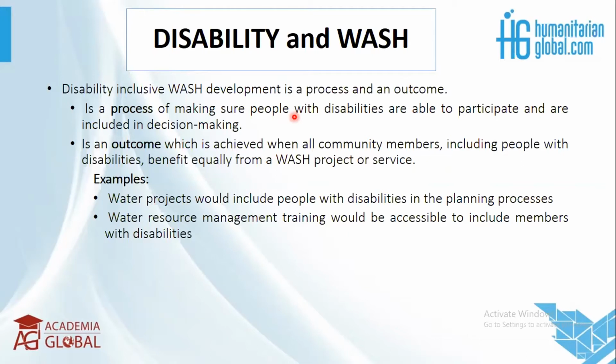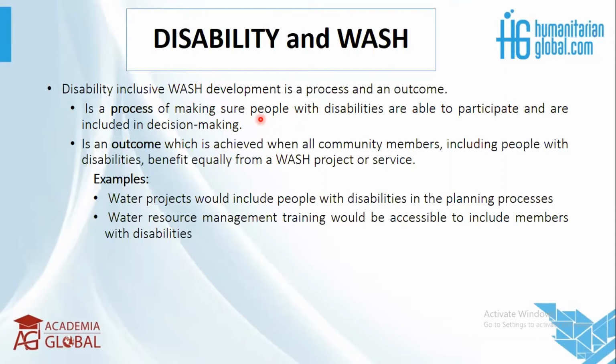So as part of WASH development, it's about making sure that we bring in people with different disabilities to participate in and be included in decision making. And they are the ones who give us options in terms of technologies, how to make it more accessible and more inclusive to people with a disability.